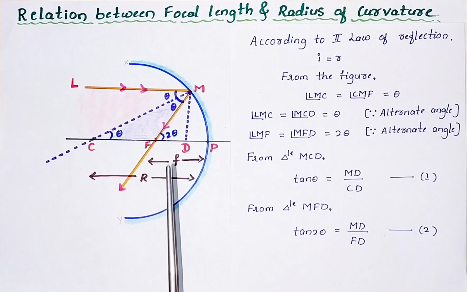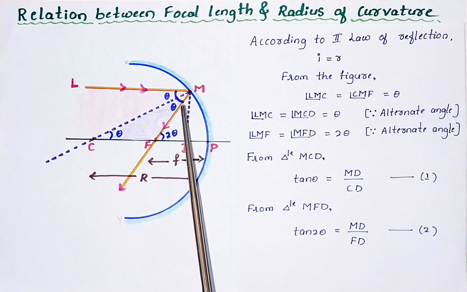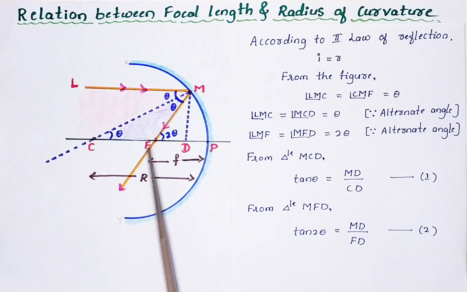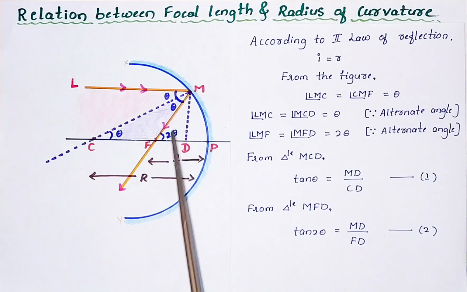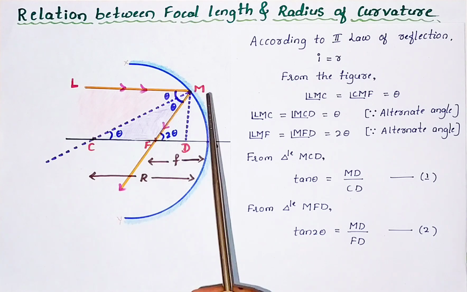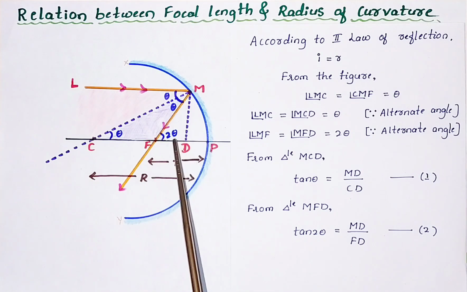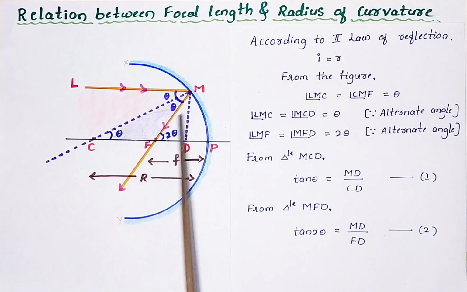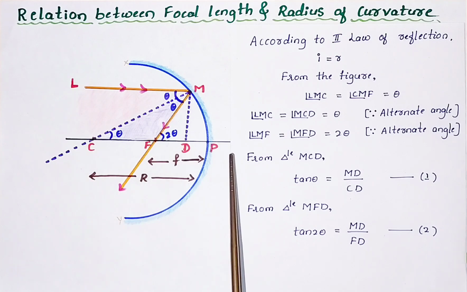From the diagram, you can observe the triangle MCD, angle MCD and angle MFD. Angle MCD is theta and angle MFD is 2 theta. Now we can easily find tan theta here. Tan theta is the opposite side divided by the adjacent side.